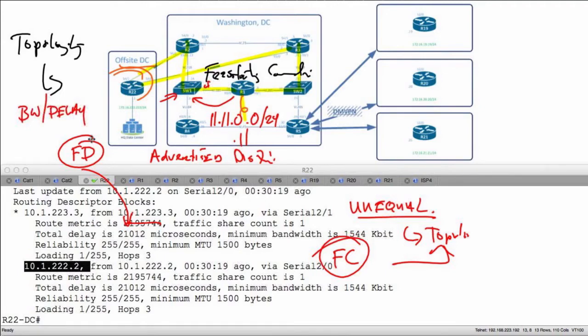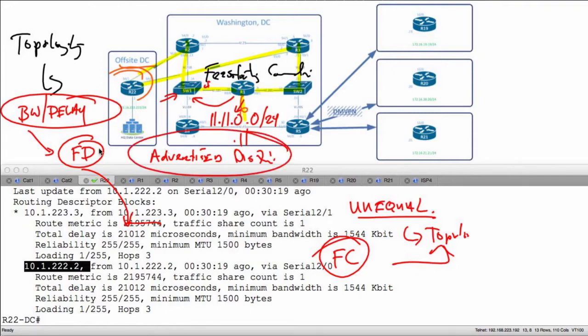So it's going to increment what it learns. The value after the incrementation, after I add my bandwidth and my delay computations to it, is referred to as my feasible distance. The information that R1 advertised to me, saying this is what I use to reach this prefix, is referred to as the advertised distance.